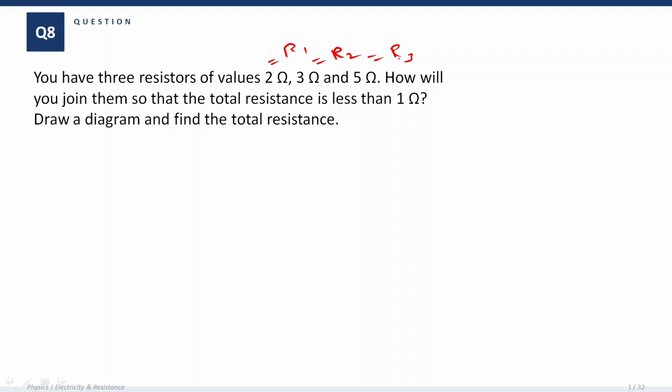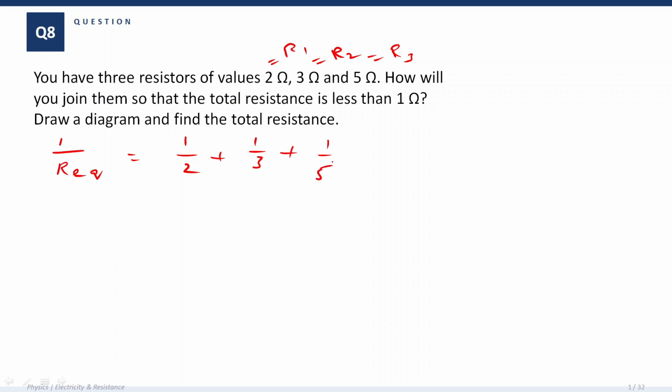Now these 3 resistors are connected in parallel to each other to reduce the resistance. We'll write 1 by R equivalent equal to 1 by 2 plus 1 by 3 plus 1 by 5.